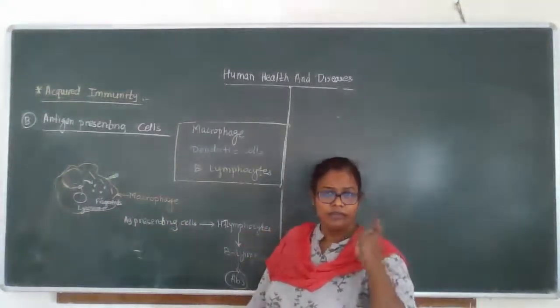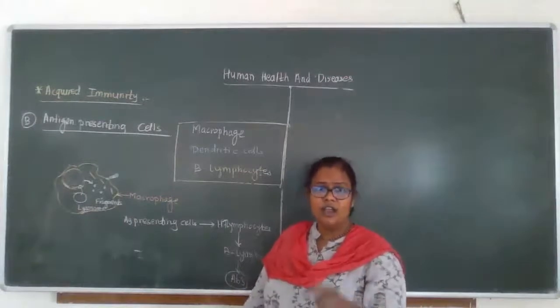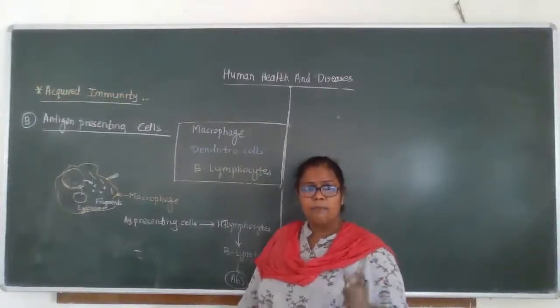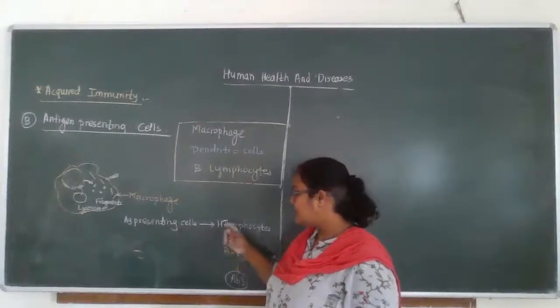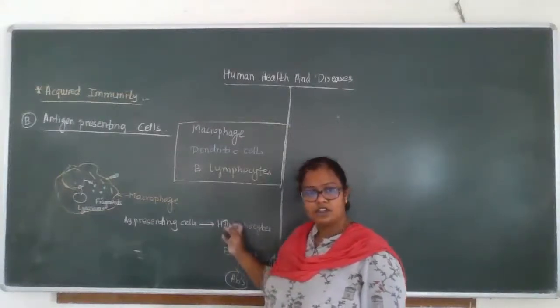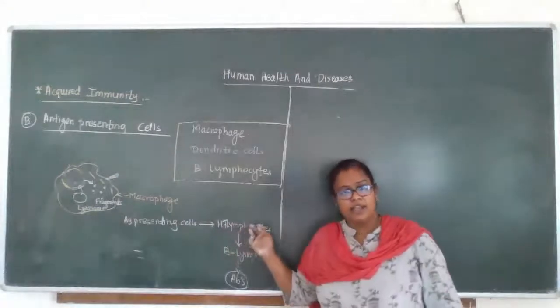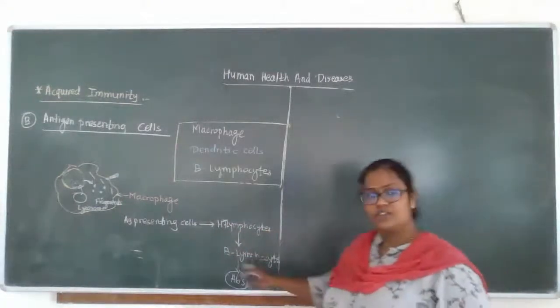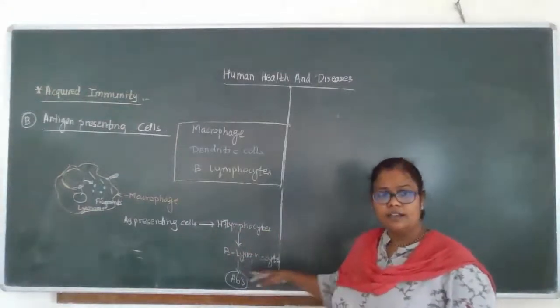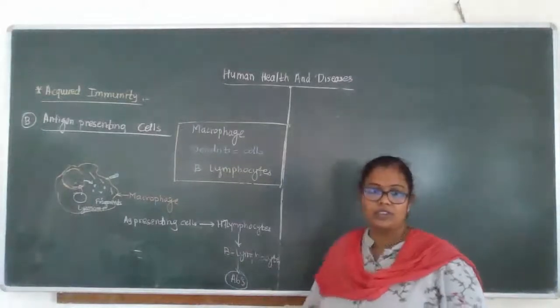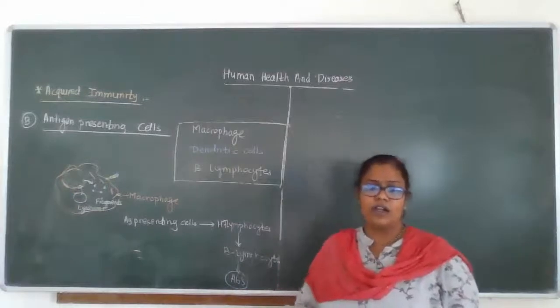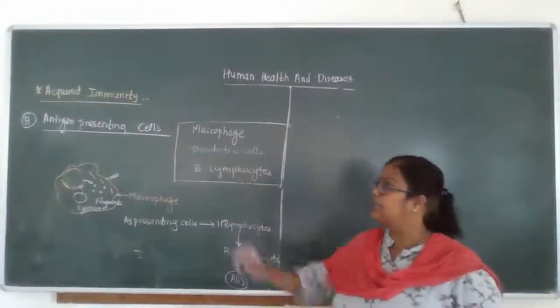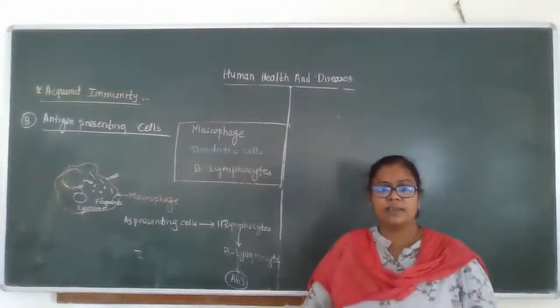Now this macrophage turns into an antigen presenting cell, which sensitizes or stimulates the helper T cells, and the helper T cell stimulates the B lymphocyte, and the B lymphocyte produces the antibodies. So this is all about the cells of acquired immunity, lymphocytes and antigen presenting cells.